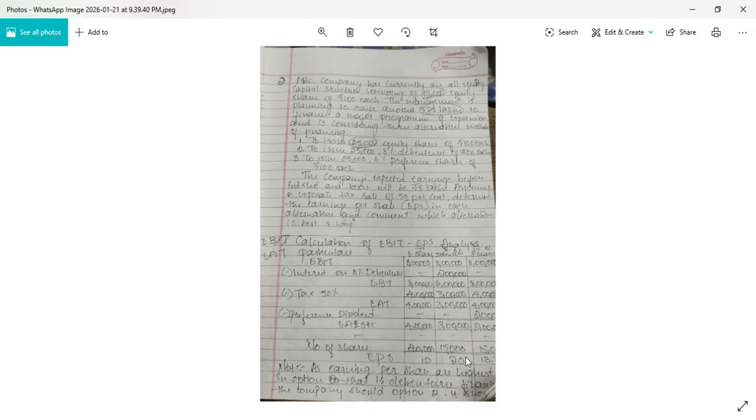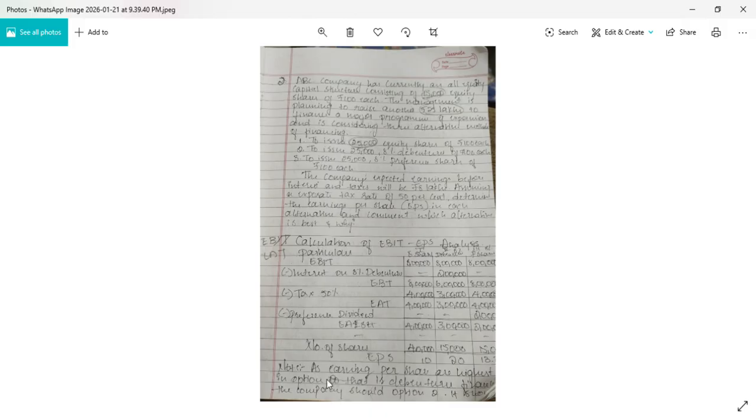Because EPS is highest. Now we have to write a note. Very simple: as earning per share is highest in option 2, that is our alternative 2, we are going to say the second option is best, that is 8% debenture.